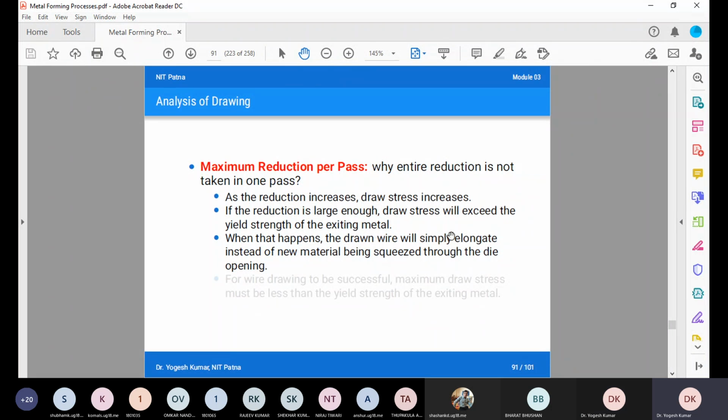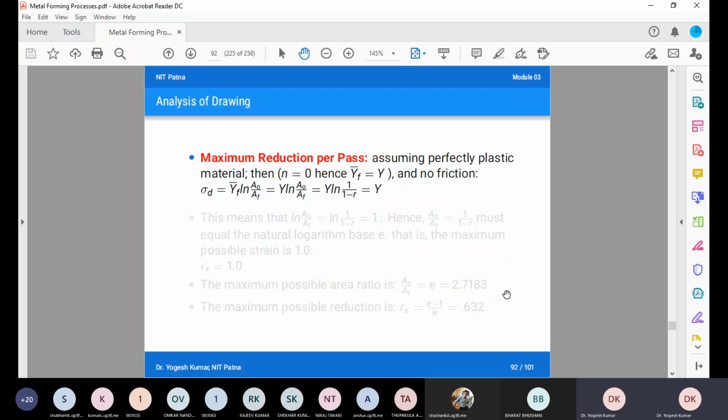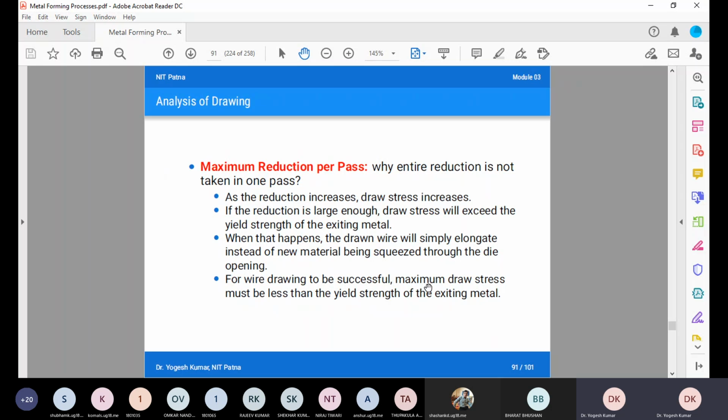Okay, and for the successful drawing, what is required? The maximum draw stress must be less than the yield strength of your existing metal. So we have to choose the maximum reduction or the reduction ratio in such a way that the draw stress should not exceed the yield strength of your metal.